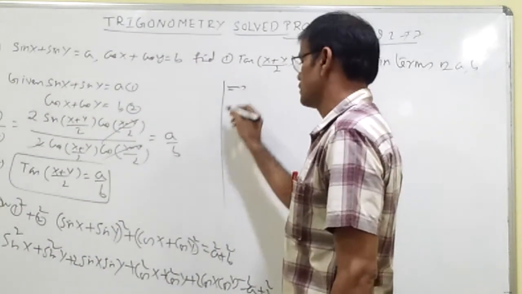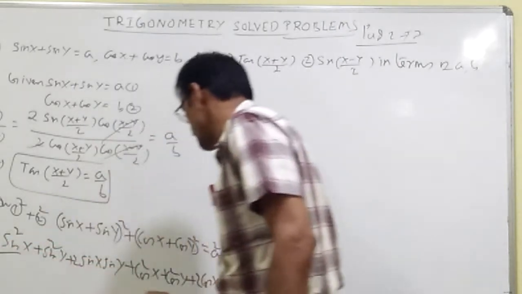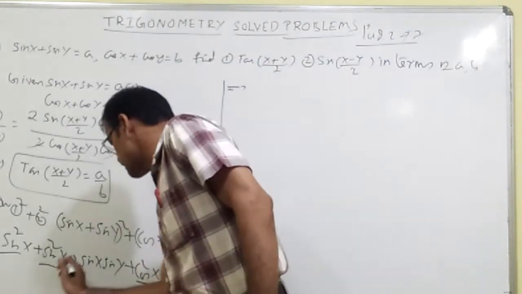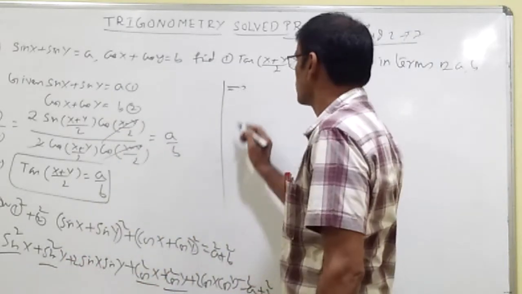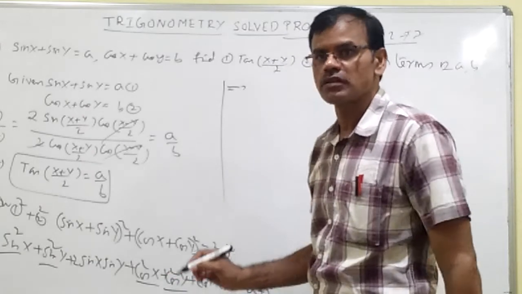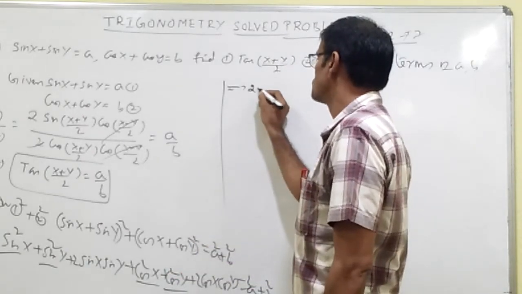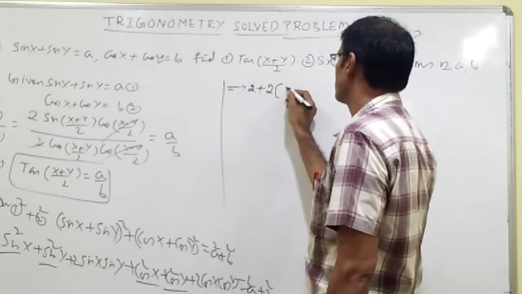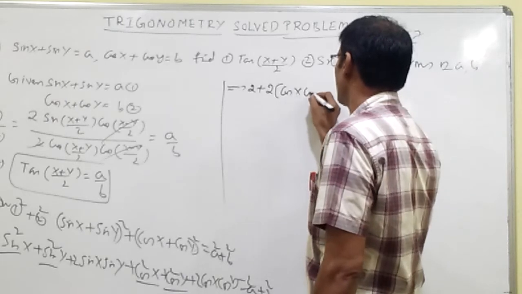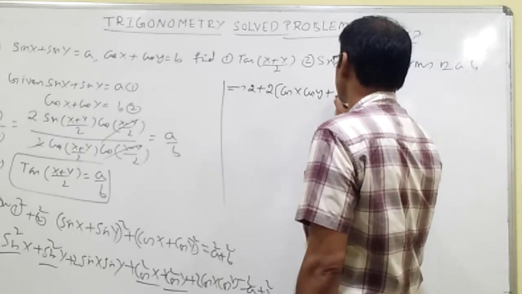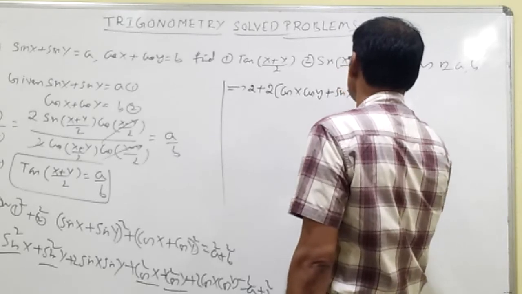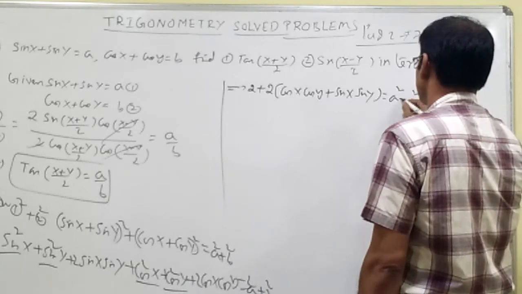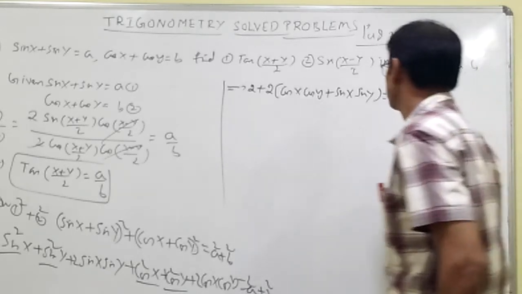Here sin square x and cos square x can be considered as 1, and sin square y and cos square y can be considered as 1. So 2 ones are there, so write 2, and taking 2 common, write 2 into (cos x cos y plus sin x sin y) equal to a square plus b square.